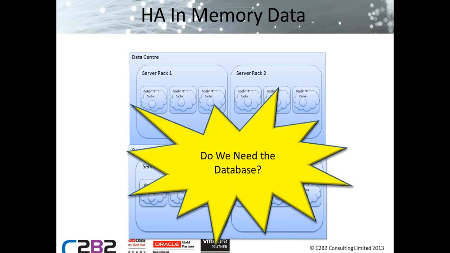Now, many of our customers, especially in finance and gaming industry, will actually run their Oracle Coherence grids as a database of record. And there are a couple of ways they would do that. One is they would be able to reload the cache, essentially.